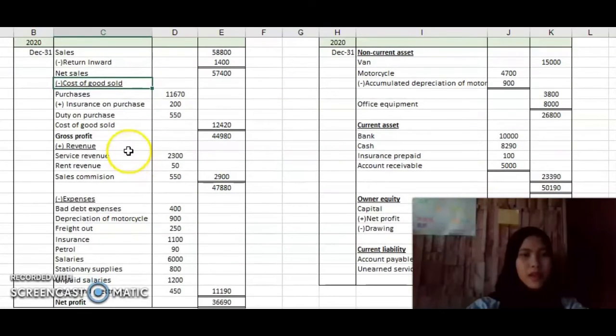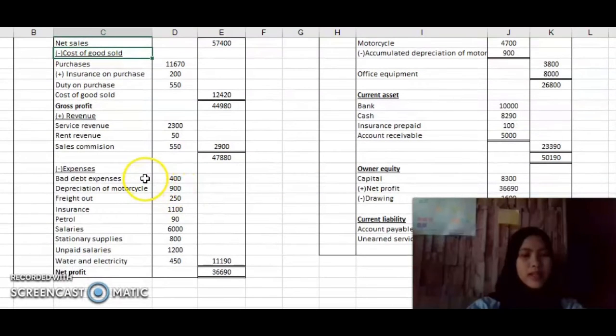Then we plus revenue, which are service revenue, rent revenue, and sales commission, and we got 47,880.